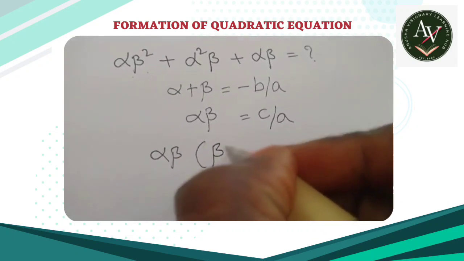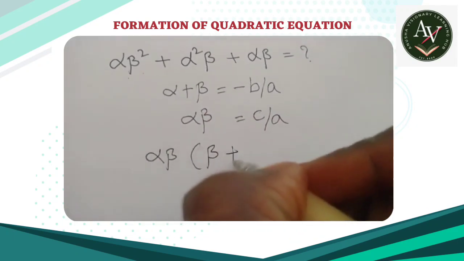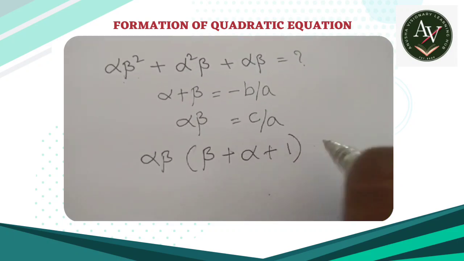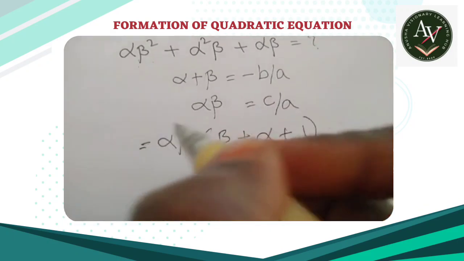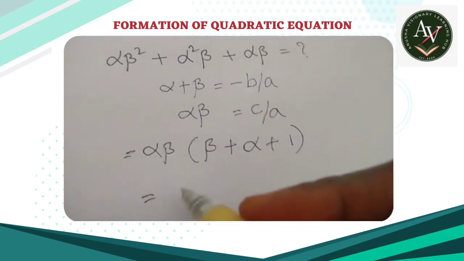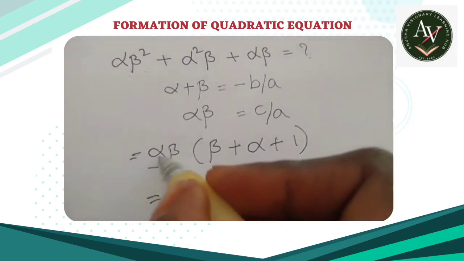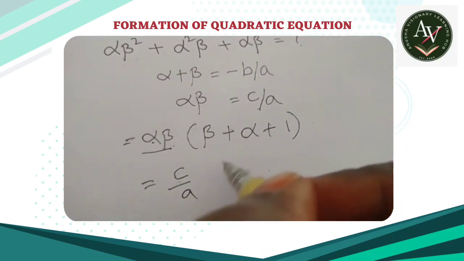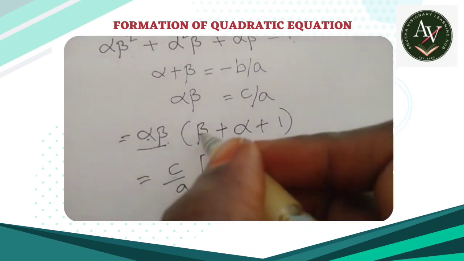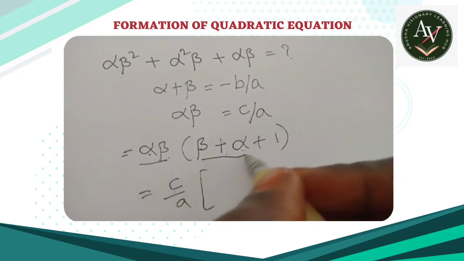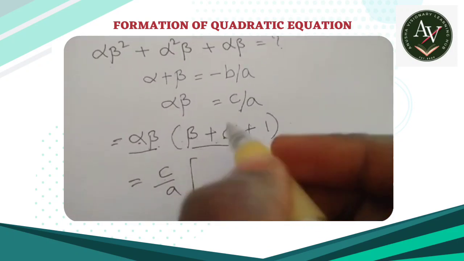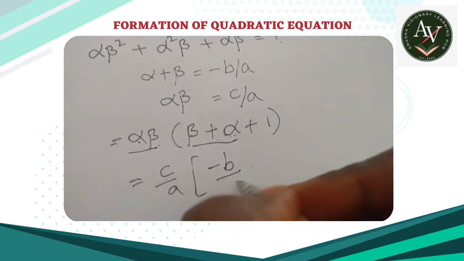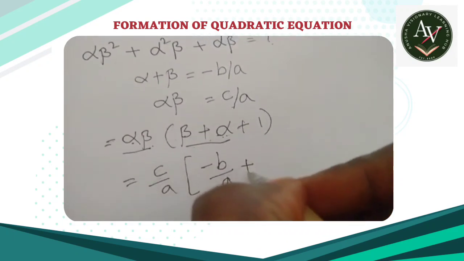Then it will be alpha beta into beta plus alpha plus 1. So then you can observe that alpha into beta is c by a, into beta plus alpha or alpha plus beta, both are same, right? So we can write minus b by a plus 1.